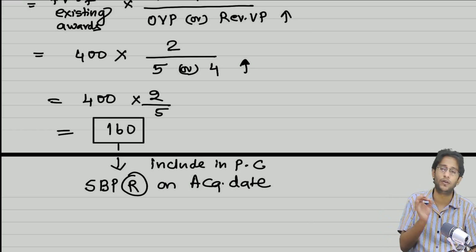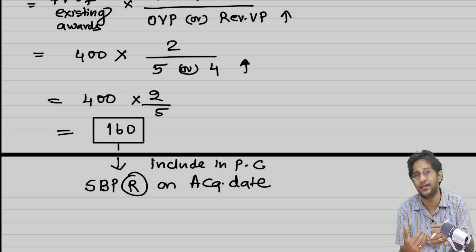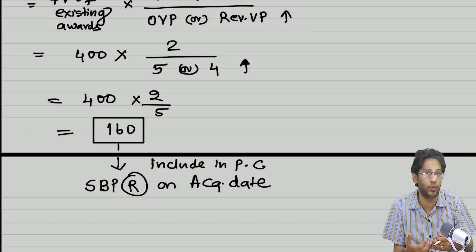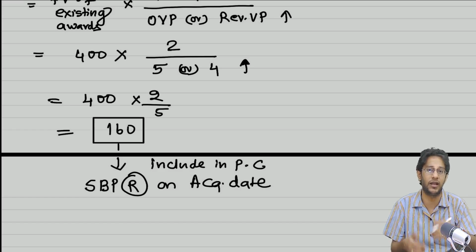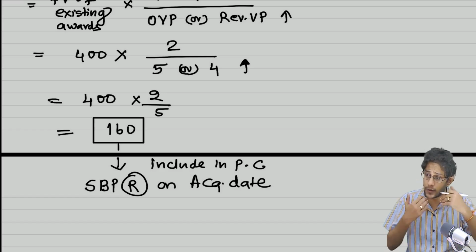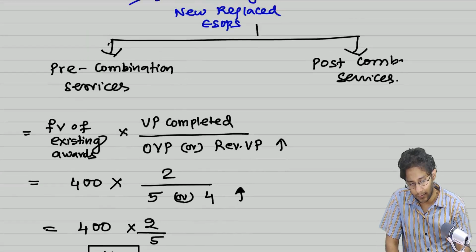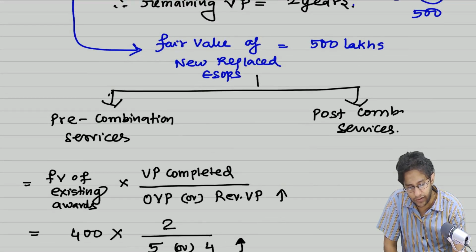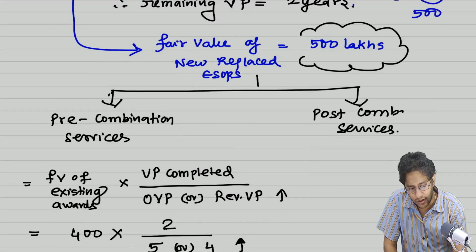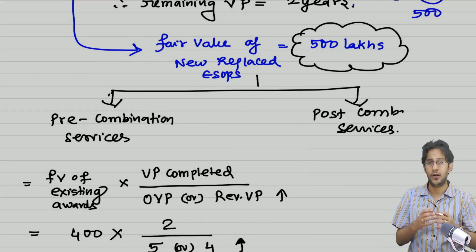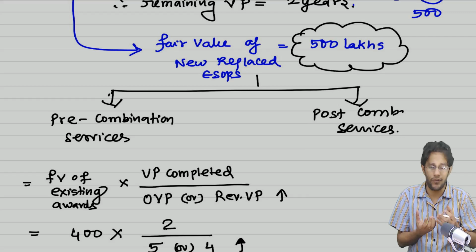If you include this in your PC, instead of the usual PC discharge entry, how will we write it? To cash, to equity share capital, to securities premium, like that, to SBP reserve. One SBP reserve you have to create. But my entire new ESOP fair value is 500 lakhs. What you have to understand is that the total SBP reserve is 500 lakhs.